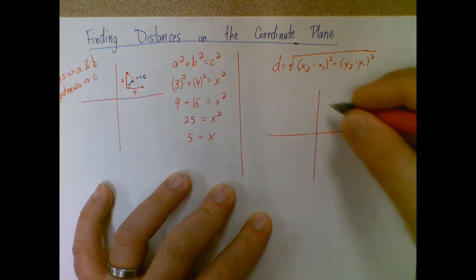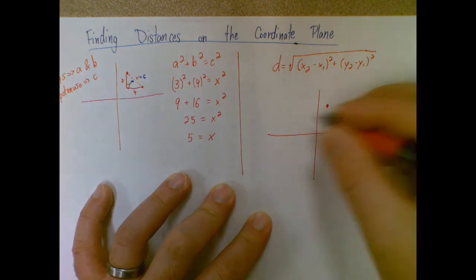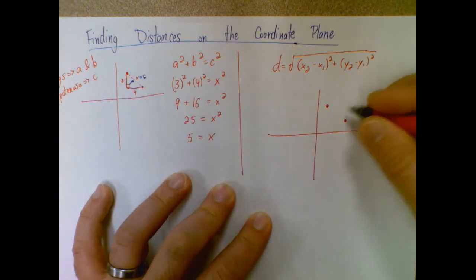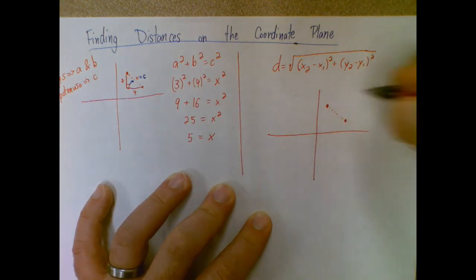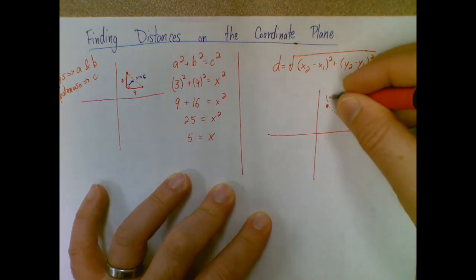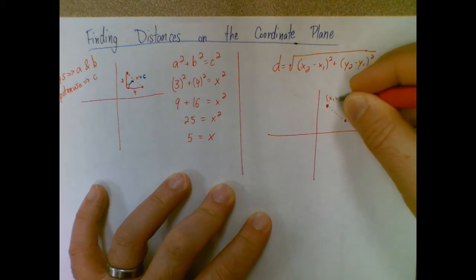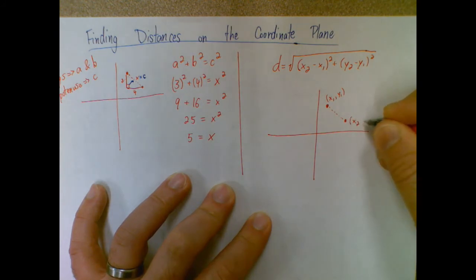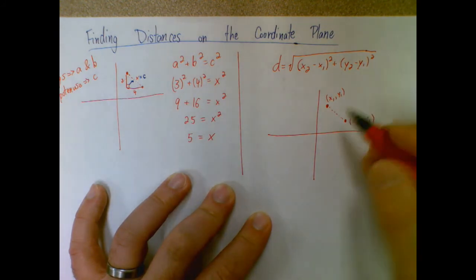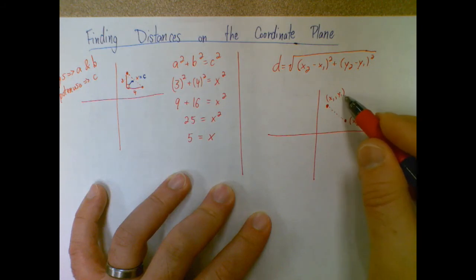If you take 2 points, let's go with the same similar setup here, but instead of knowing the lengths, I'm still trying to find this distance. I'm calling this one, say, x1, y1, so for generic components there, and this one x2 and y2, meaning the x component from point 1 and the y component from point 1.